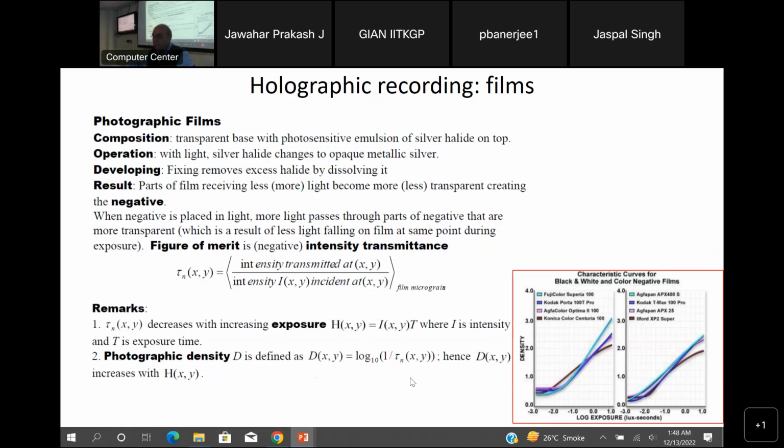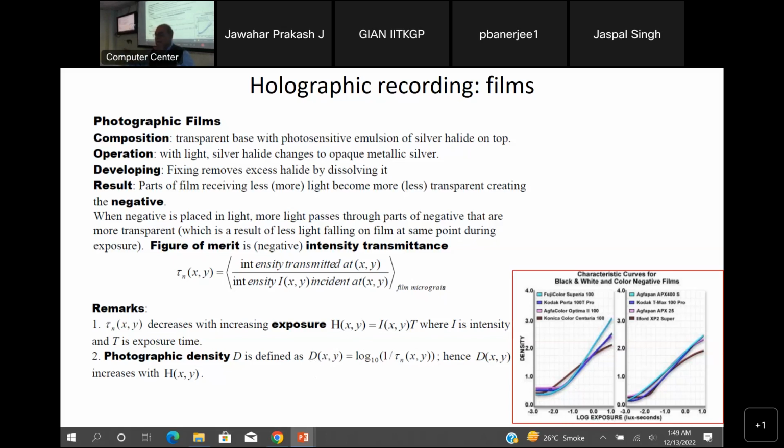The DH curve typically has a knee, then a linear region, and then a saturation. Typically, you would like to choose a film that has a larger value of the gradient, because with a larger gradient you're going to get more contrast in the picture, and so on and so forth.